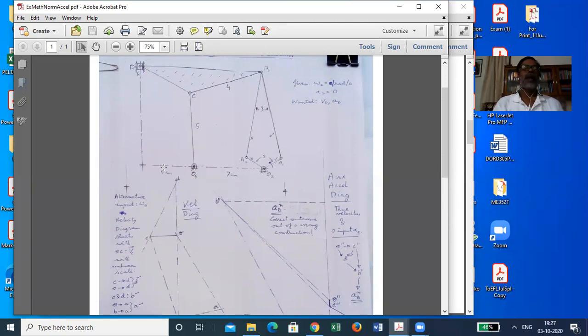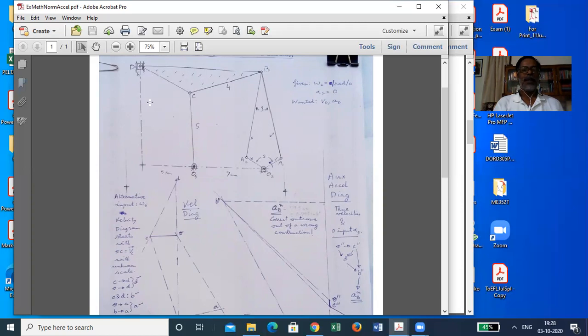Done. After the velocity image of point C you have found, then you say that relative to C, the velocity of D will be perpendicular to CD. So using your set squares, draw a line perpendicular to CD. And you don't know clockwise and anti-clockwise, so you draw it on both sides.